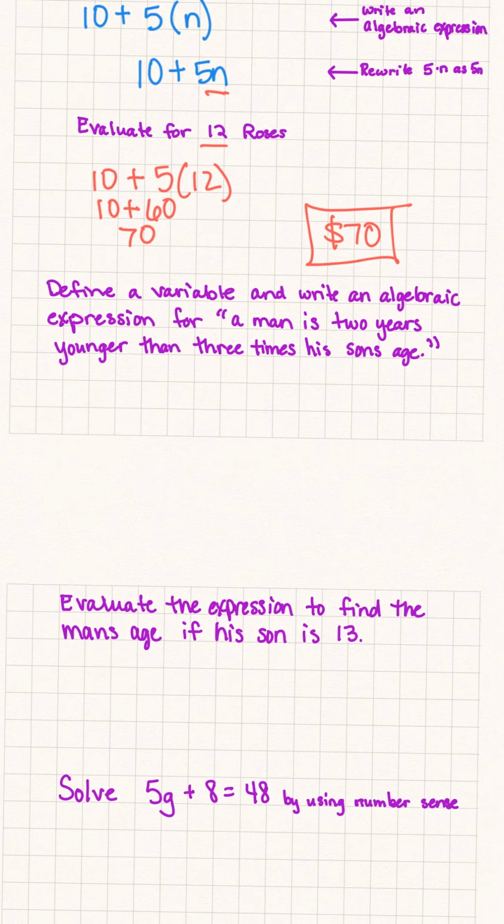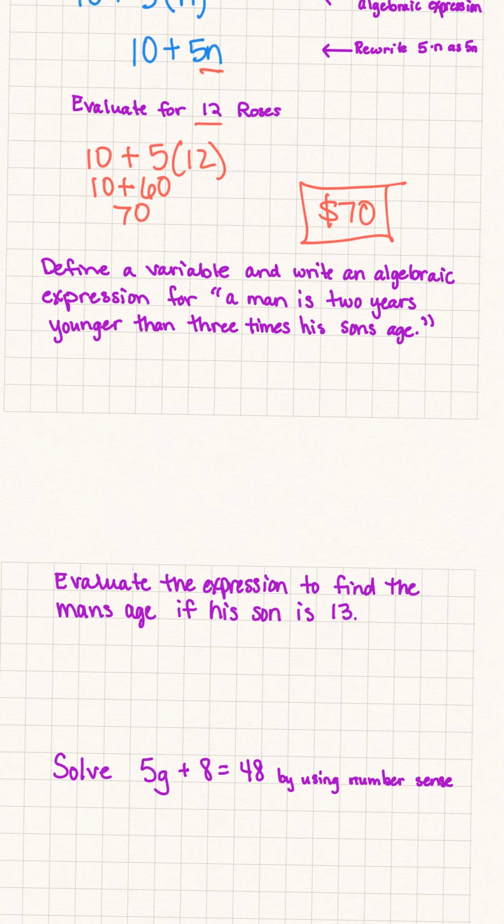Define a variable and write an algebraic expression for a man is 2 years younger than 3 times the age of his son. So if we're going to put the son's age, let's define the variable. We'll do an S equals the son's age. So the man is 2 years younger, so we're going to subtract 2.